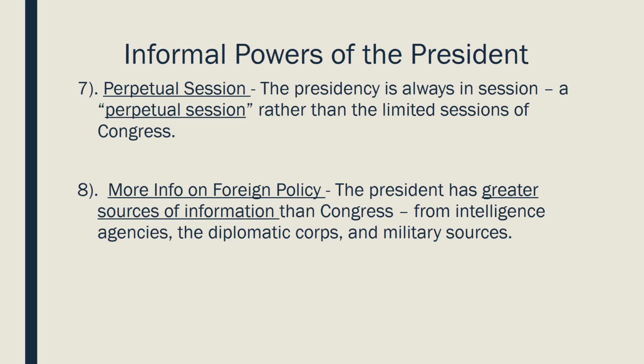They're not constantly having advisory sessions and oversight meetings regarding the administration and its bureaucracies. So in all these ways, you have informal powers of the president that are oftentimes extensions of those formal powers, and in some ways more influential than those formal powers that we see in the Constitution.